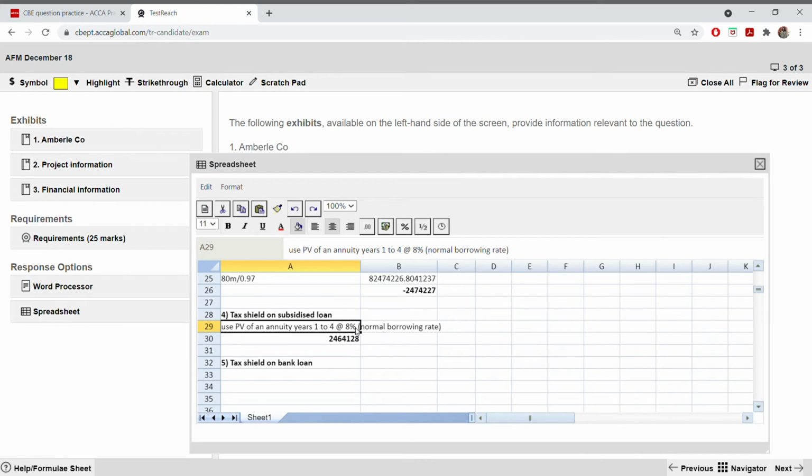And you got it as 3.312 for the subsidized loan. So same here, it will be 3.312 also. You don't have to waste time finding the annuity factor again if you are using 8%. If you want to find the annual repayment, it will be just 70 million divided by that annuity factor. That's it.